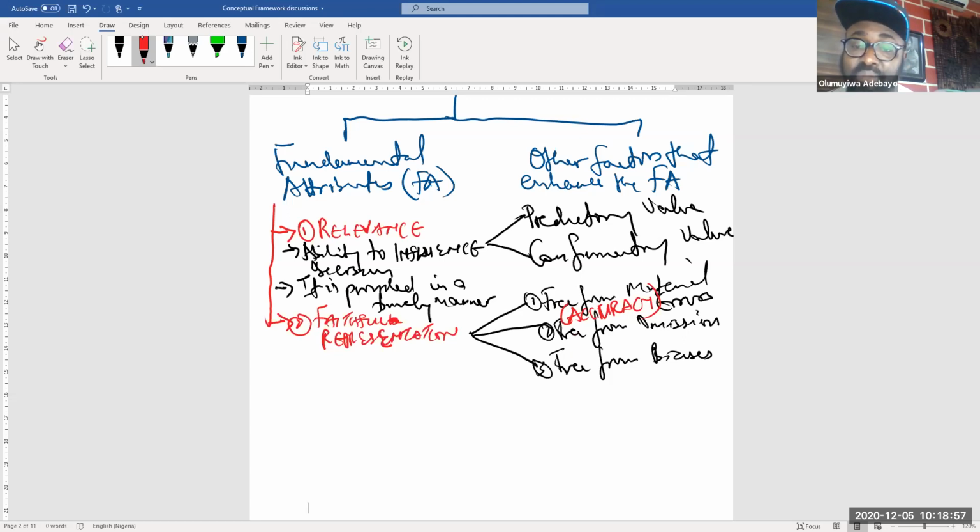Information that is free from omission is considered to be complete. And completeness is key in accounting. And finally, information that is free of bias is seen to be what? Neutral. These are the fundamental factors. Therefore, we can go down to appreciating other factors.